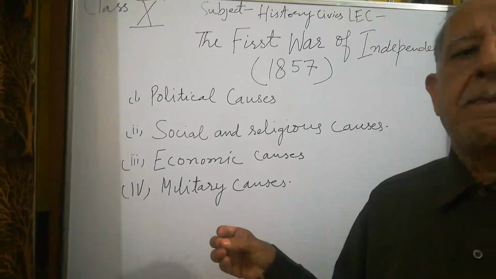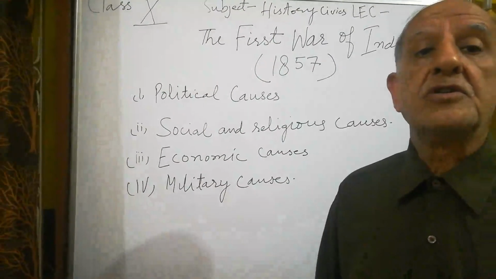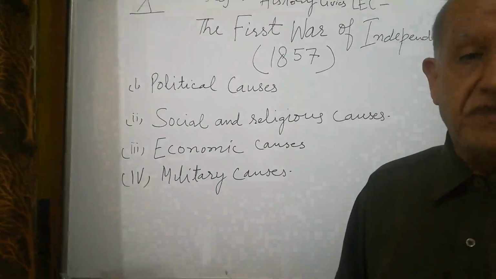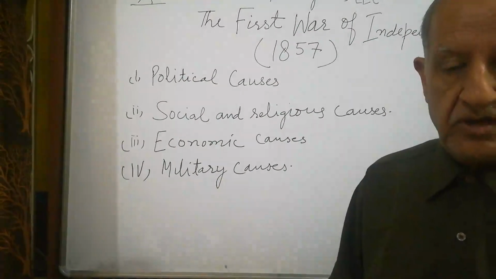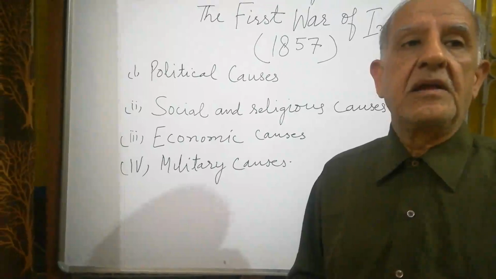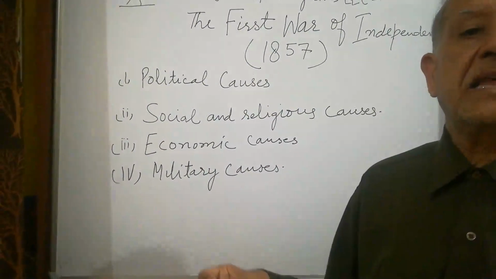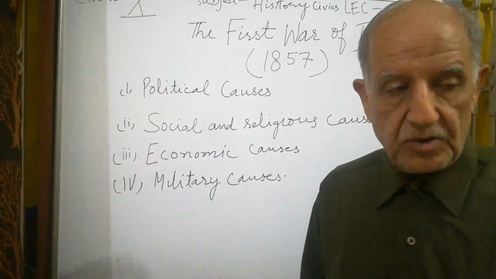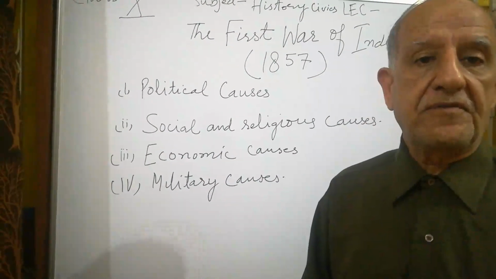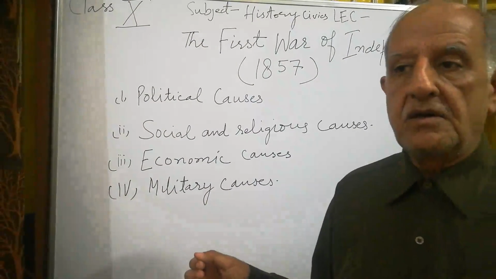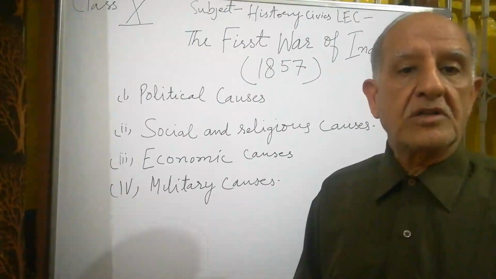The British had a feeling of superiority and they regarded Indians as inferior. Similarly, the British used to feel that they were invincible, that nobody could defeat them or cause any harm to them.